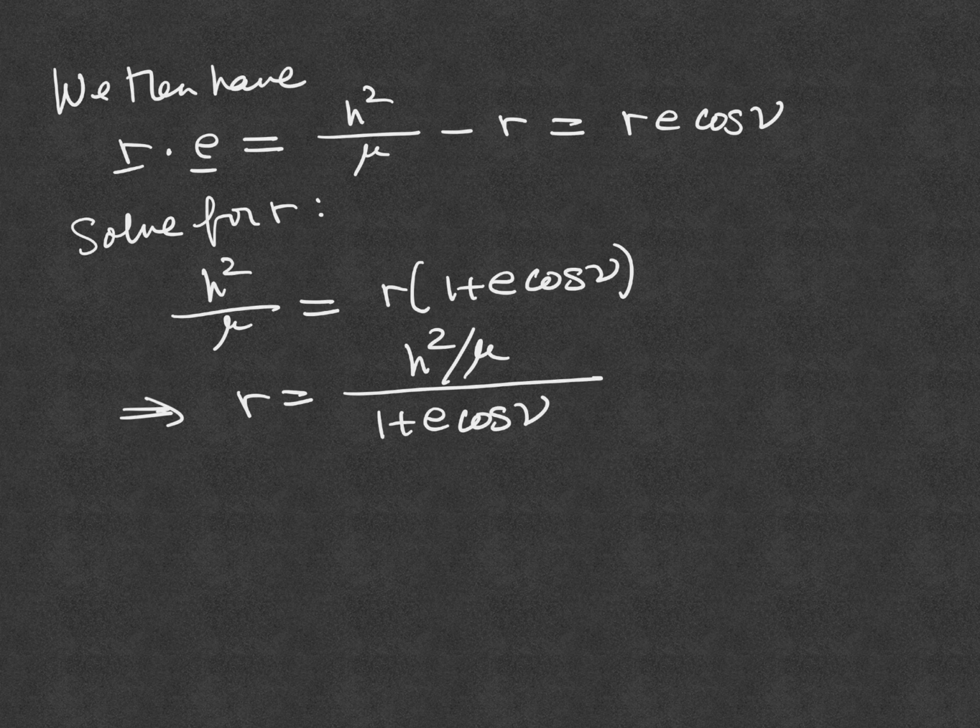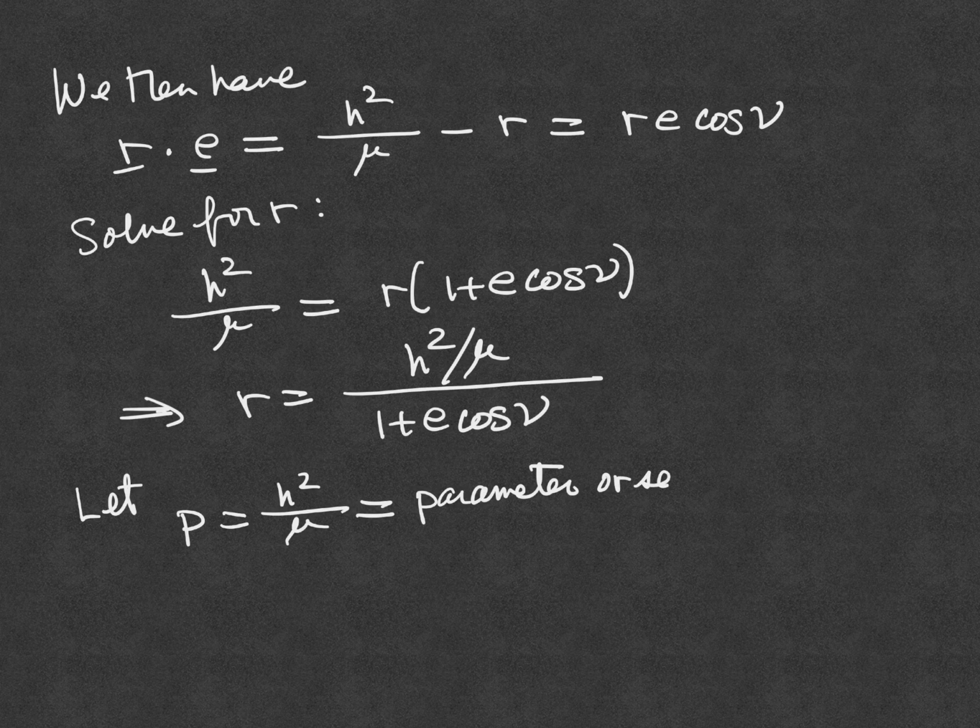Now, we often rewrite H squared over mu, so we're going to say let P equal H squared over mu, and this is what's called the parameter, and it's also called the semi-latus rectum.